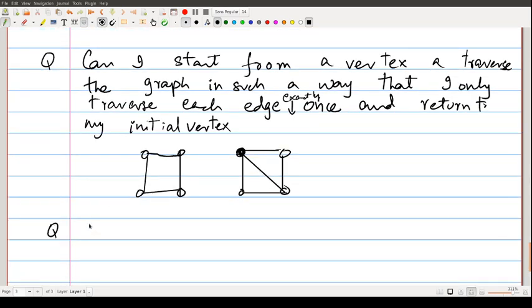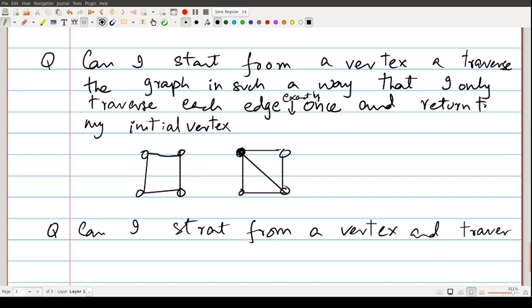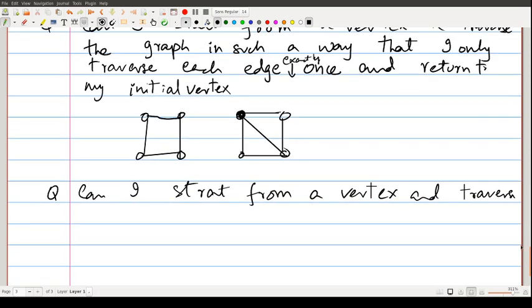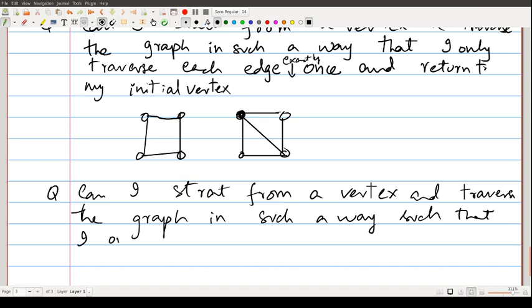Another similar question that you can ask is: can I start from a vertex and traverse the graph in such a way that I only visit each vertex exactly once, and again, return to my initial vertex?